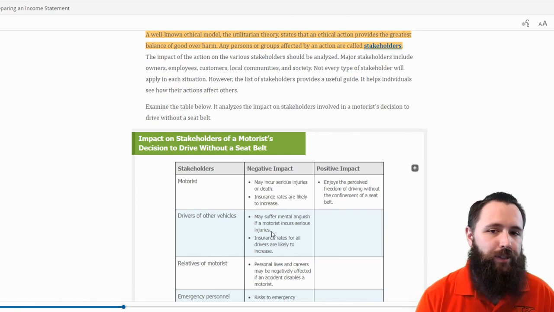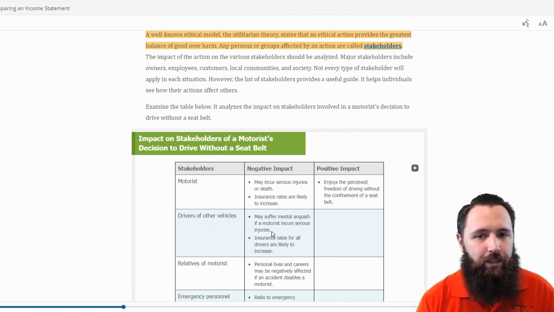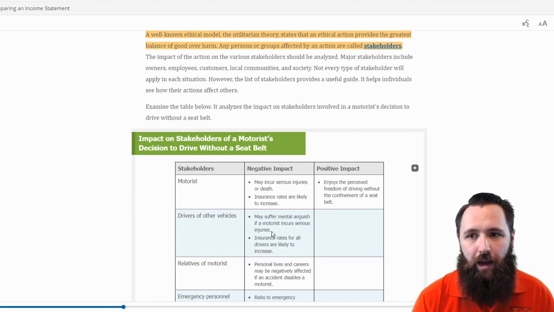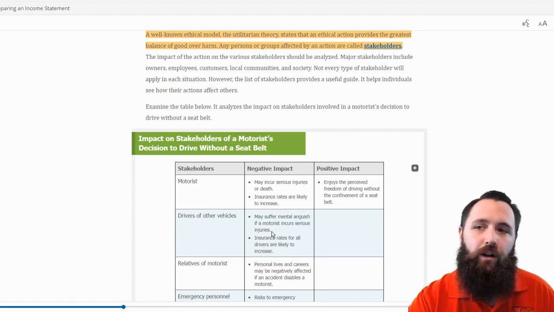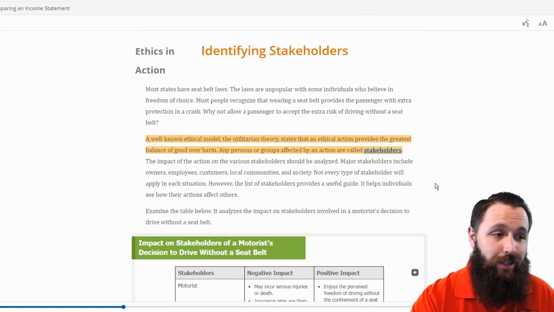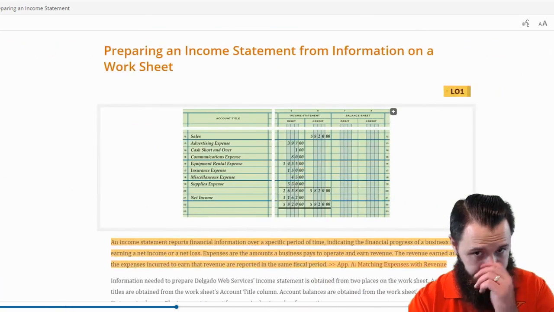It could be as simple as that. So there's usually lots of different stakeholders related to any business, because your customers are stakeholders, your employees are stakeholders because you give them that job. Obviously, as an owner, you're a stakeholder in that business. So that's the difference between stakeholders and stockholders.